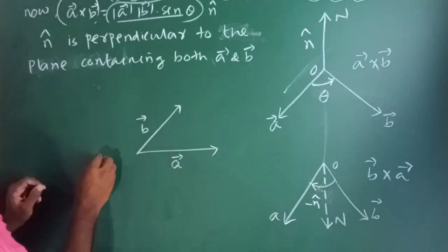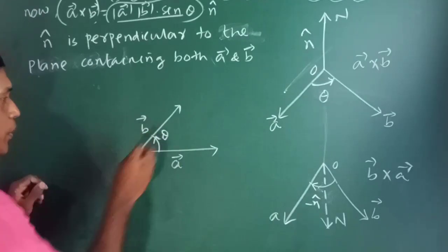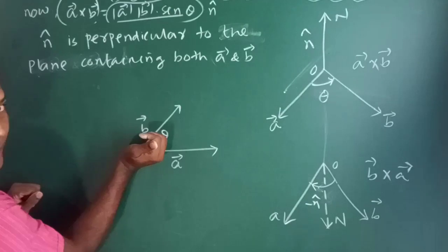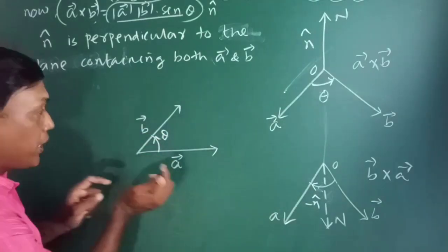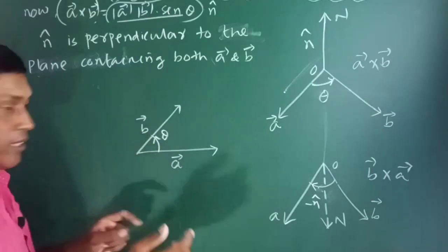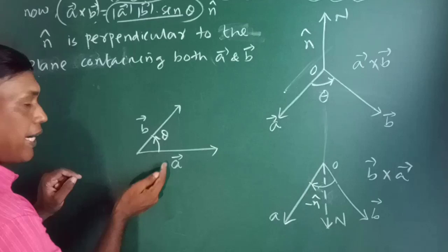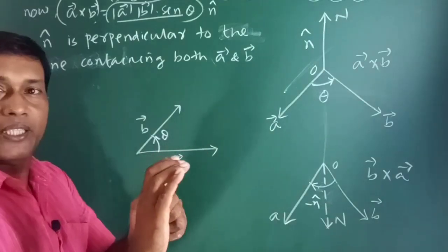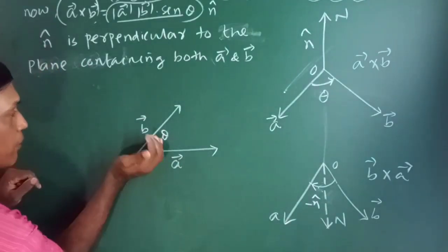Now in case of A cross B, means A to B, if we put our right hand here, moving these fingers in the direction of rotation, the rotation is in this direction, anti-clockwise. This represents the direction of rotation.